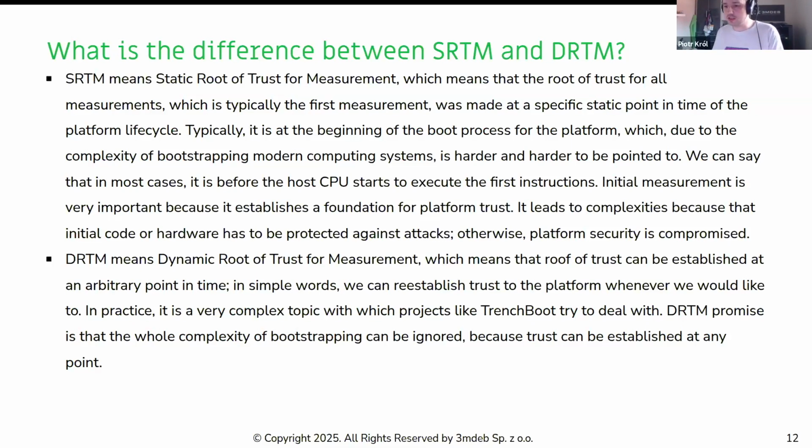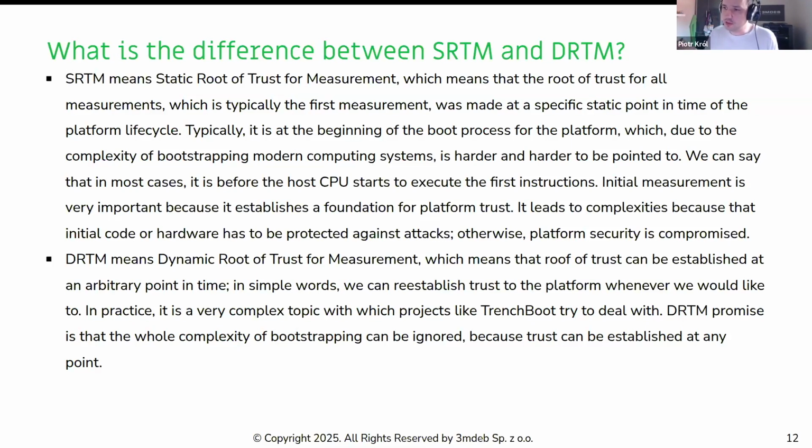So there is this small problem that led to the creation of dynamic root of trust for measurement. The concept of dynamic root of trust for measurement is a special instruction in the CPU, or there can be other implementations because ARM does this a little bit differently. But anyway, let's hook into AMD and Intel, where there is this special instruction.